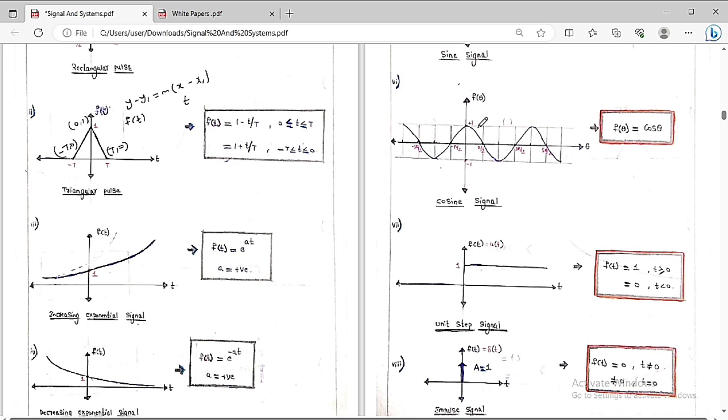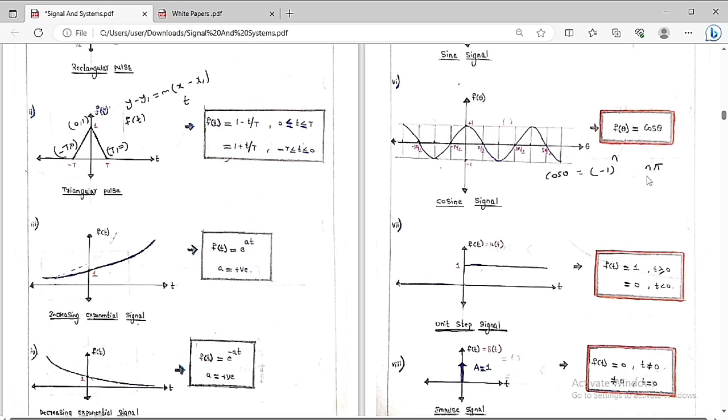Its value is plus 1. At pi, at 3 pi, we are going to get minus 1. Therefore, we can say its value is equal to minus 1 to the power of n at n pi. So you can see the function cos theta is equal to minus 1 to the power of n at theta is equal to n pi.